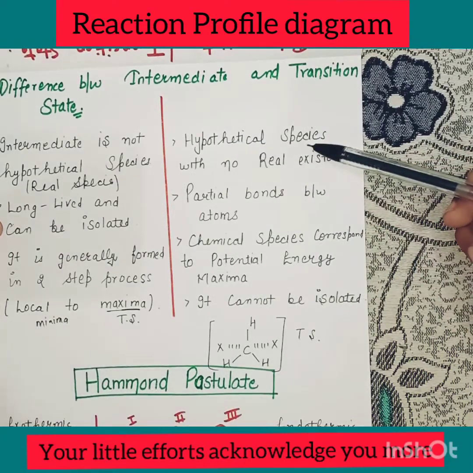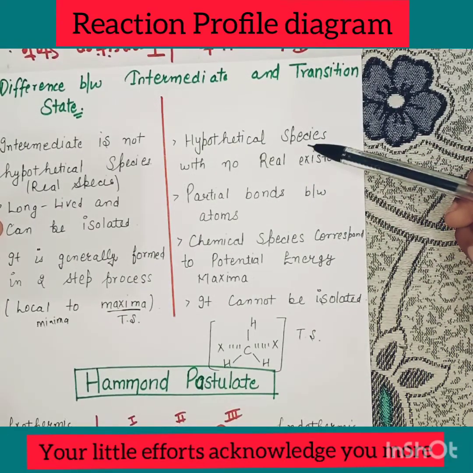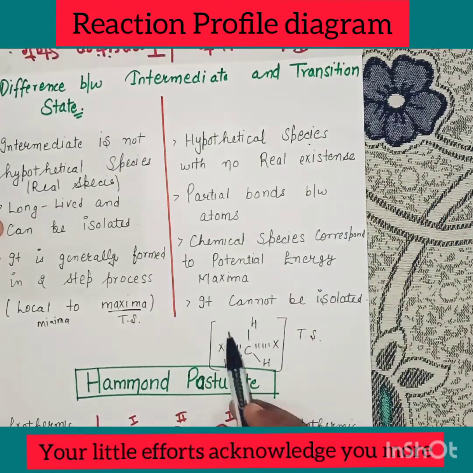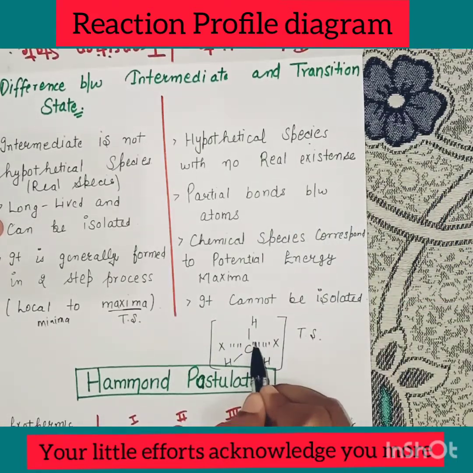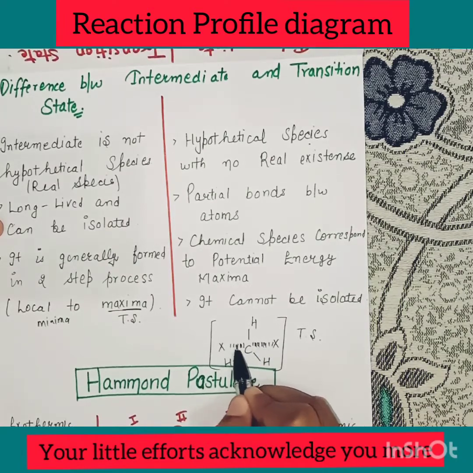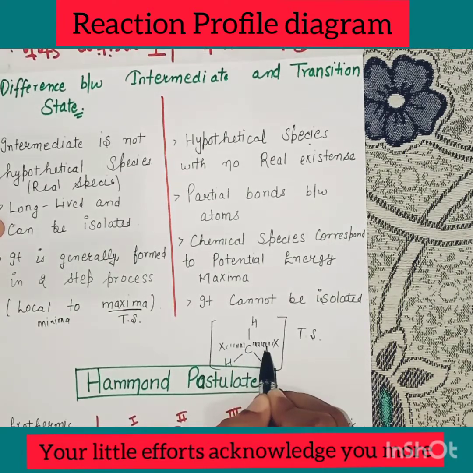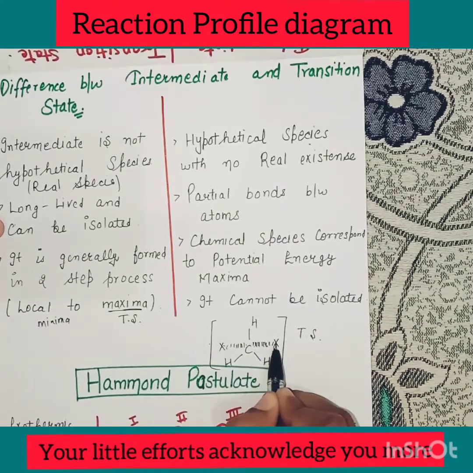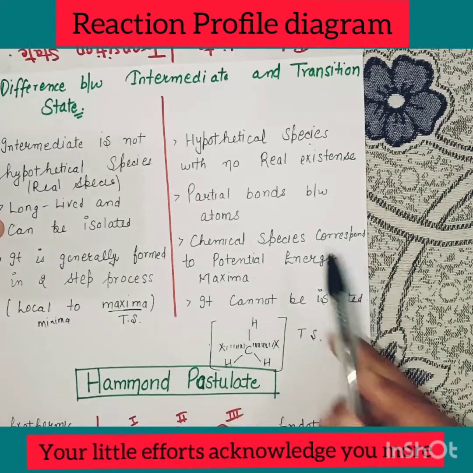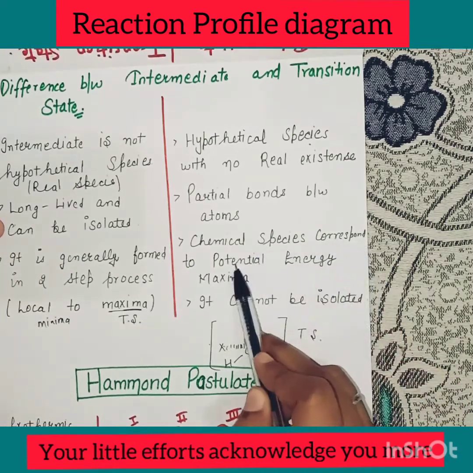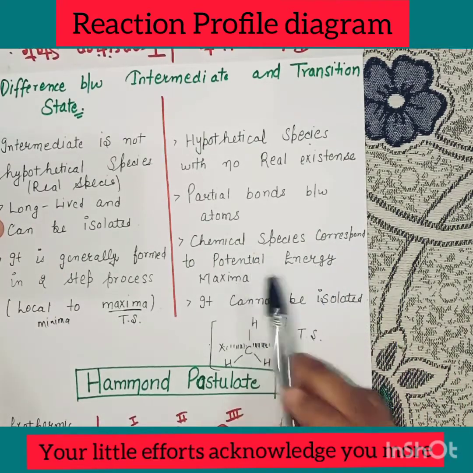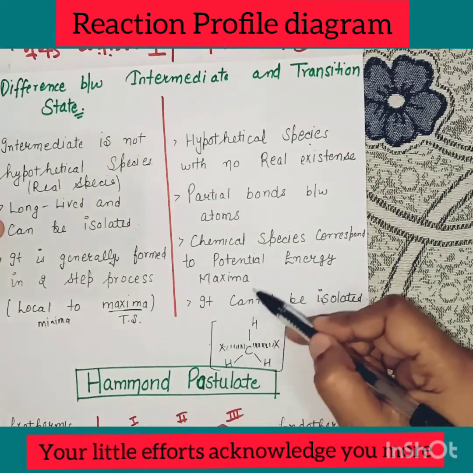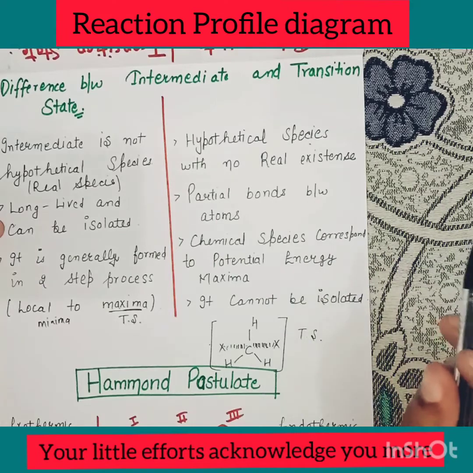Okay, now transition state. Transition state is hypothetical species. It is not real, but it is hypothetical. Partial bond between atoms. So this is transition state. These type of partial bond occur in transition states. So here we have partial bonds between atoms. This one, this one. So this is transition state. Chemical species correspond to potential energy maxima. So in any of the energy profile diagram, potential energy maxima is transition state.